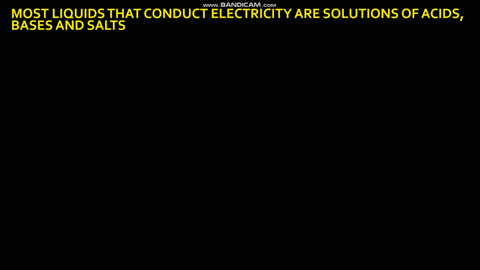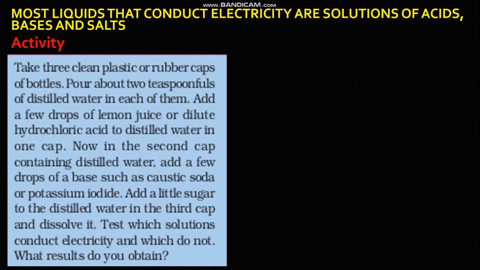Now, most liquids that conduct electricity are solutions of acids, bases and salts. To understand this, let us perform an activity. Take 3 clean plastic or rubber caps of bottles. Pour about 2 teaspoonfuls of distilled water in each of them.